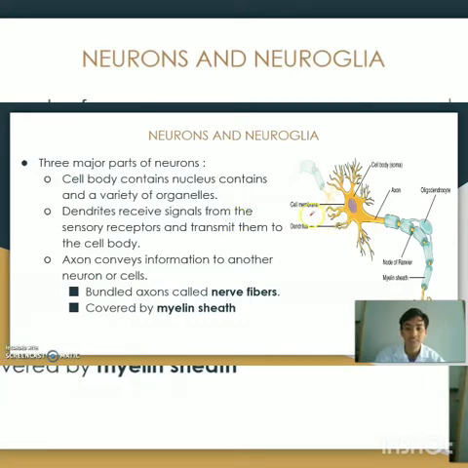And then they have the axon, which conveys information to another neuron or cells. Bundles of axons are called nerve fibers, and the axon is covered by the myelin sheath. This is the myelin cell, the yellow one.